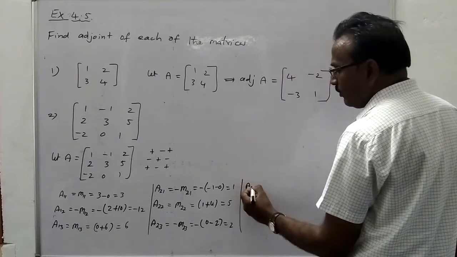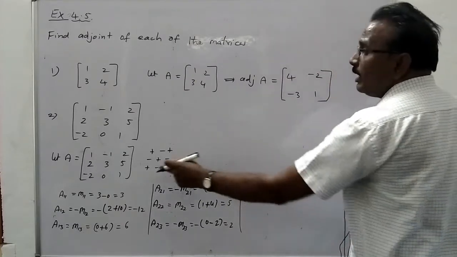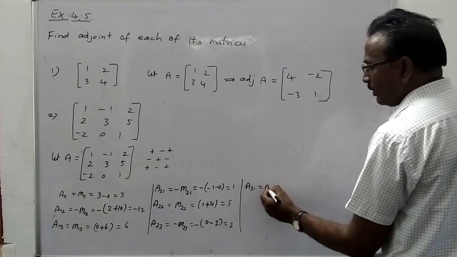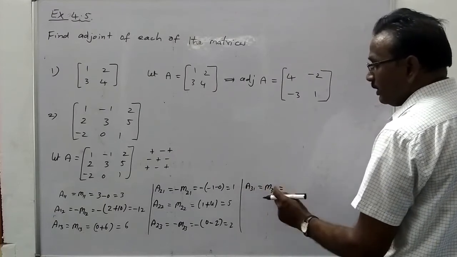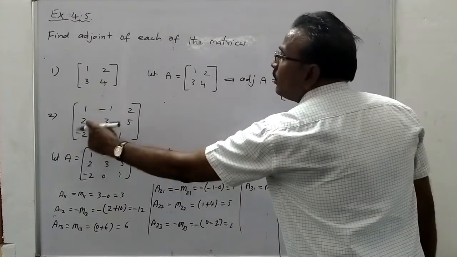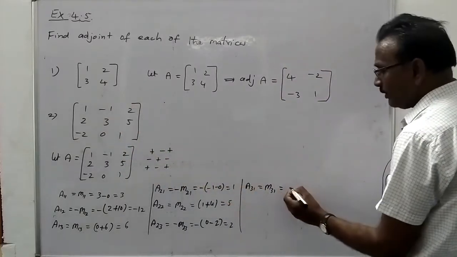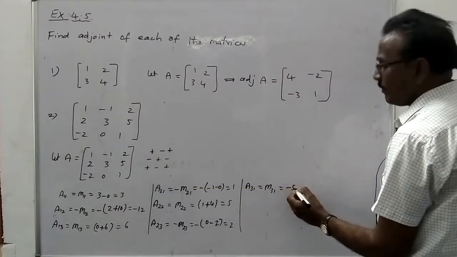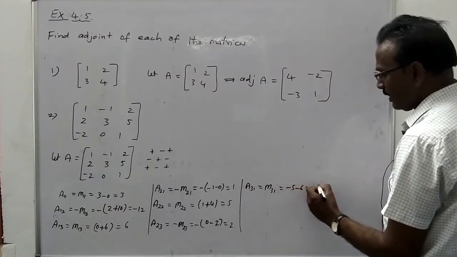Next, A31: the sign is plus, capital M31. Delete the third row and first column, the determinant of four elements, minus 5 minus 6, that is minus 11.